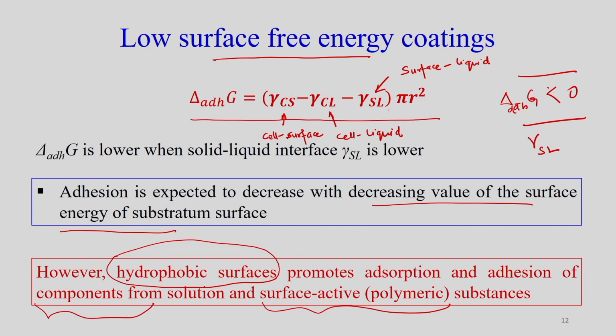But theoretically, if you can lower the solid-liquid interfacial tension, then we are going to decrease or lower the spreading, and in that way we can inhibit or minimize the bacterial adhesion.